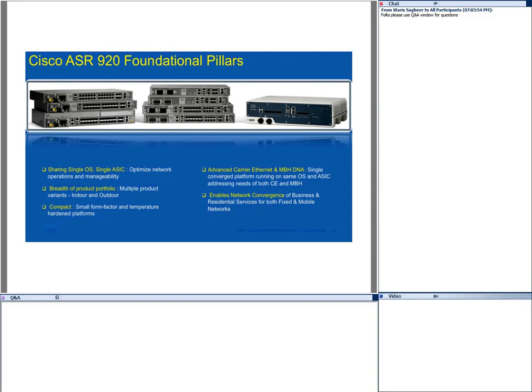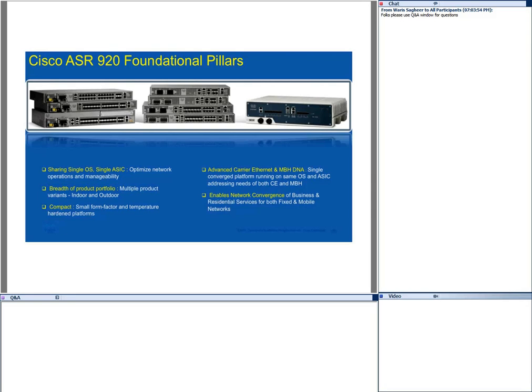So the RSP2 64, 128, and the ASR920 use the same switching ASIC. The point I wanted to put across is that having a single OS and single ASIC helps us develop features faster and also test our boxes faster as well.